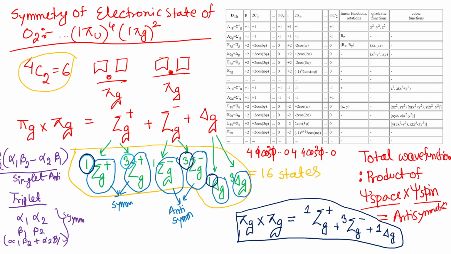Then both others are singlet, so the one with the more degenerate state is next lowest, that is singlet delta g. So your energy states will look like this: first the triplet sigma g minus, then singlet delta g, and on this energy scale, singlet sigma g plus.